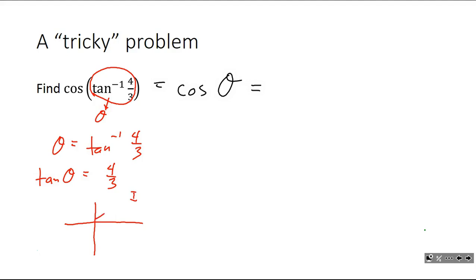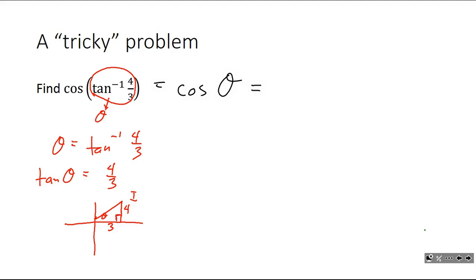So let's just draw a triangle. It may not be accurate exactly in terms of the angle or anything, but this will be theta. And since we have tangent of theta equals 4/3, remember from SOHCAHTOA, tangent is opposite over adjacent. So the opposite is 4 and the adjacent is 3. And of course we have a right triangle there since we dropped that vertical down.